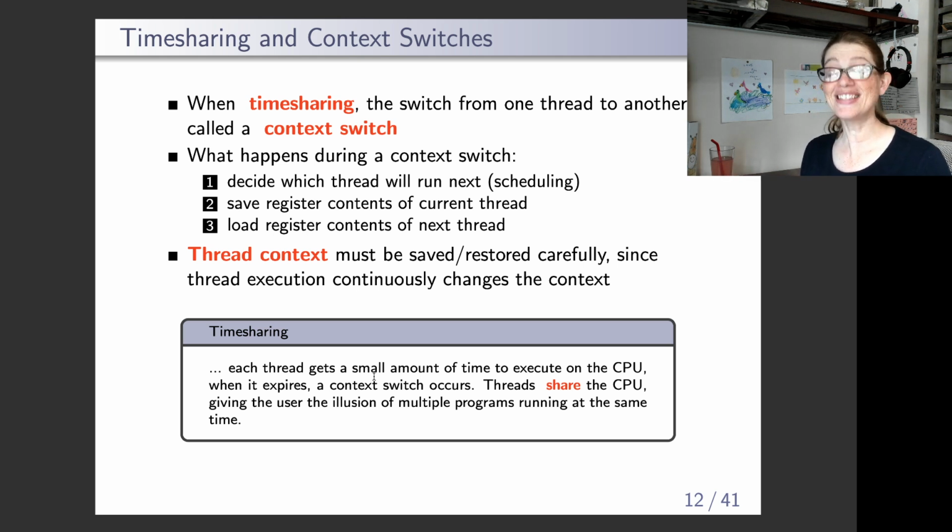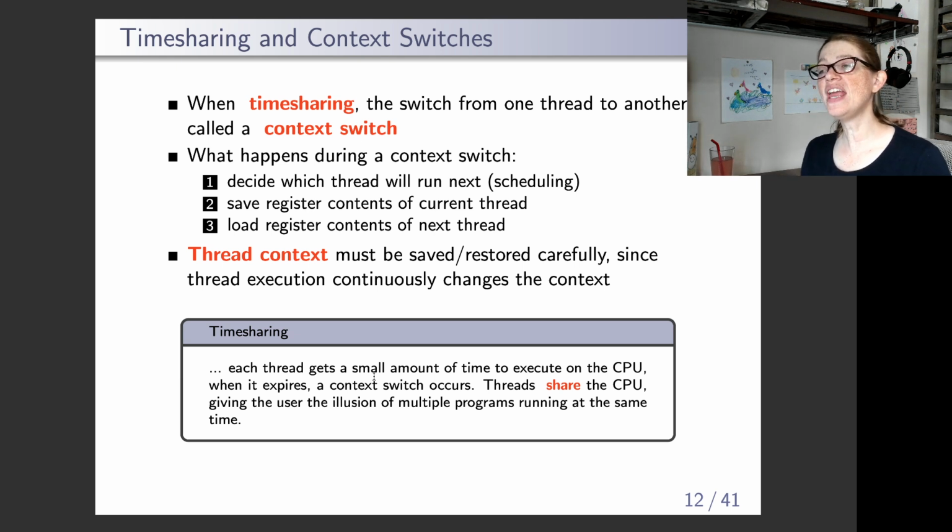One such reason is that the thread is dead because it called exit. Well, we don't want to waste the CPU's resources, so we want to make sure that when a thread terminates, then a new thread is going to run. If a thread calls thread yield, then we are voluntarily giving up the CPU, which means we are volunteering for a context switch. And there are other reasons that we may do this as well.